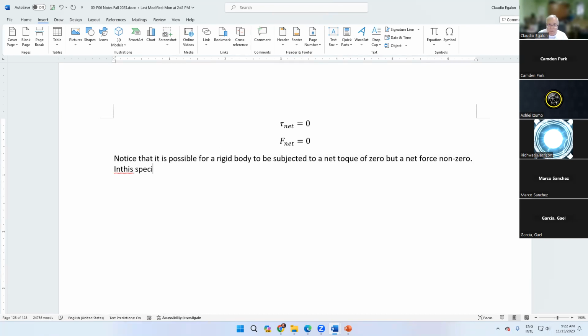In this specific case, the rigid body is not going to rotate, or, in other words, will rotate with constant angular velocity, but the whole body may be accelerated, okay?